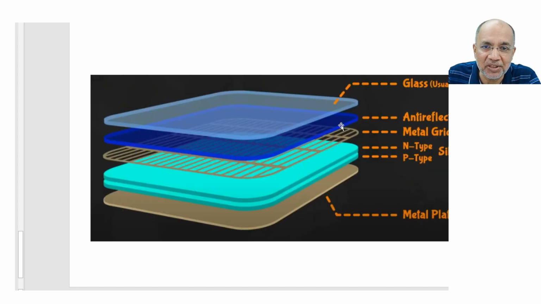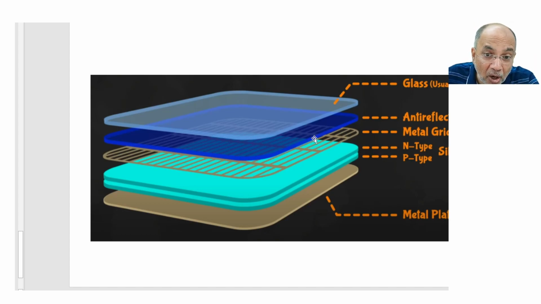Actually, in the real production of an individual silicon solar cell, you have not only the n type and p type. These are the key layers. Actually, these are not two layers. One layer is made up in such a manner, the top layer is n type, the bottom layer is p type.